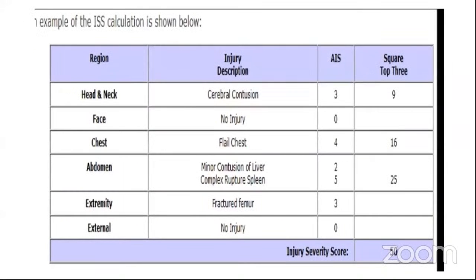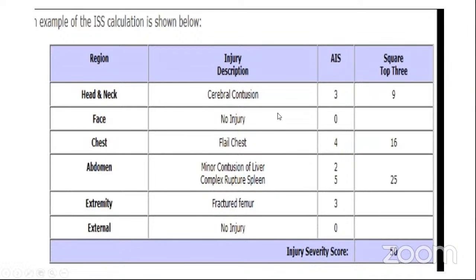Here you can understand how the ISS score is calculated. In the head area there is a minimal cerebral contusion, so the AIS score is 3. Face, there is no injury, 0. Chest, there is a flail chest, score 4. Abdomen, there is a minor contusion or liver laceration, so it is almost 2 or 5. In the extremity, there is a fracture, 3. And external, there is no injury in the unspecified or external area.